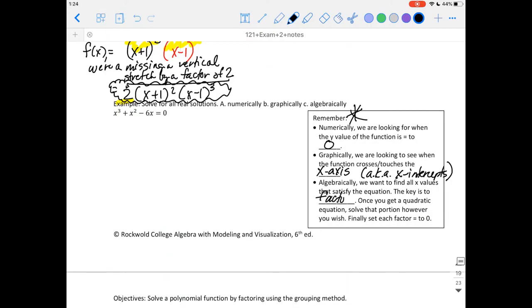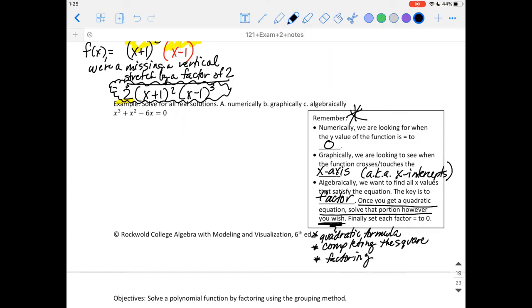The key again here is that we are in factoring mode. And once you get a quadratic function or equation, solve that portion however you wish: the quadratic formula always works, completing the square always works, or factoring, which sometimes works.